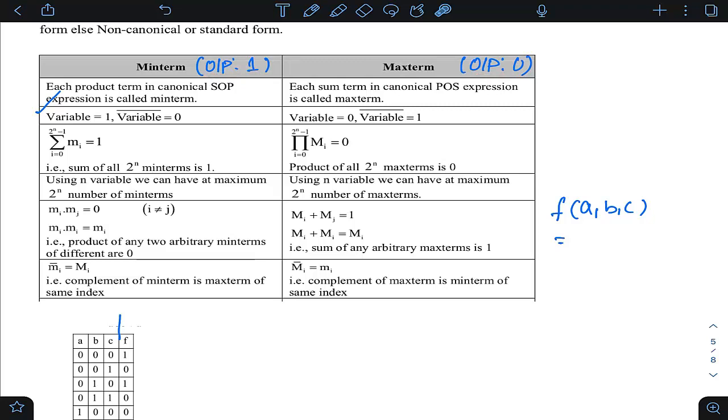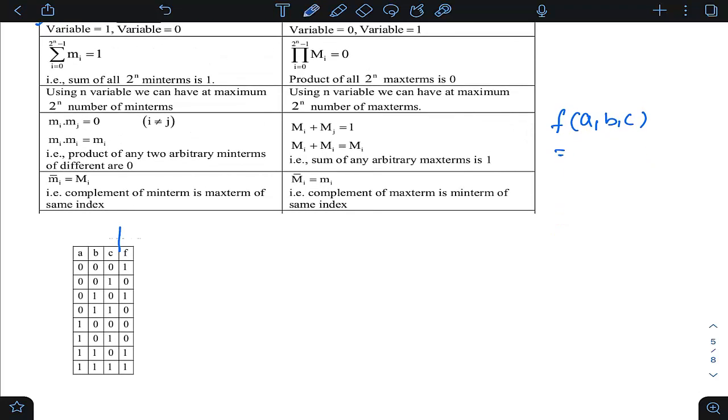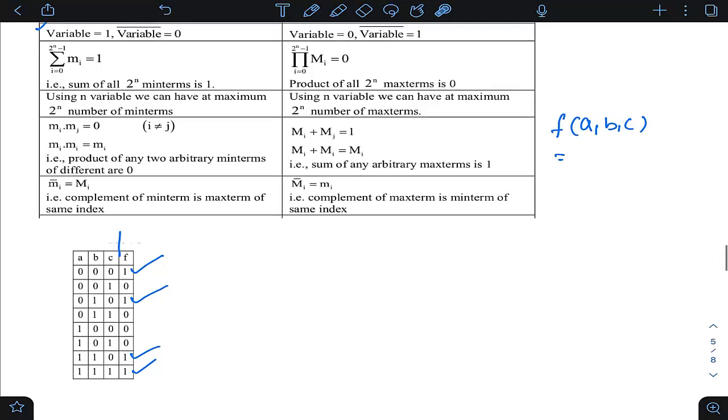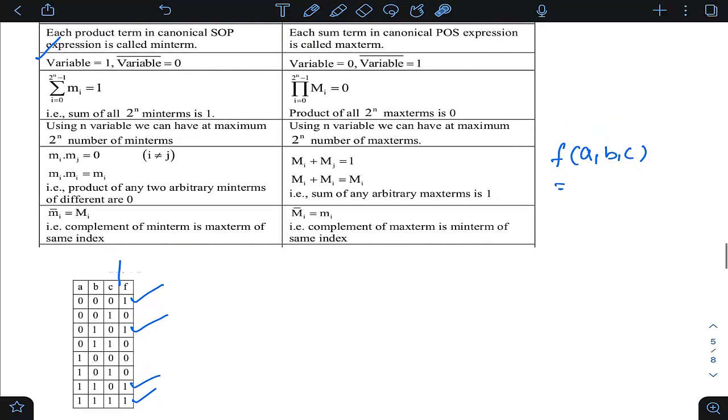Now because I am finding minterms, the rows are: this is one row, this is one row, this is one row, and this is one row. So here, students, my area is only these 4 rows. Each row will generate a product term, and we have to follow this convention: 1 is treated as the variable and 0 is treated as the variable bar.